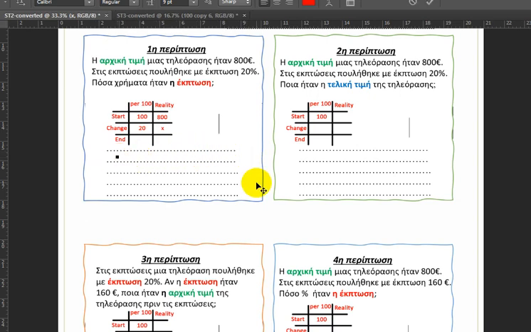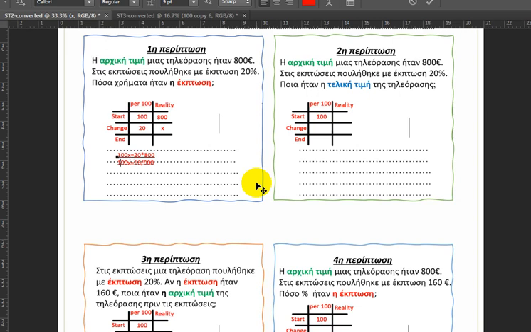So if I do the cross product, I get 100x needs to be equal to 20 times 800. So 100x needs to be equal to 2 by 8 makes 16, and then I add 1, 2, 3 zeros.